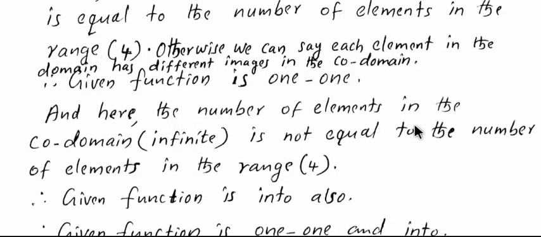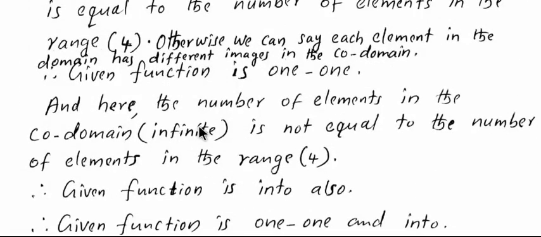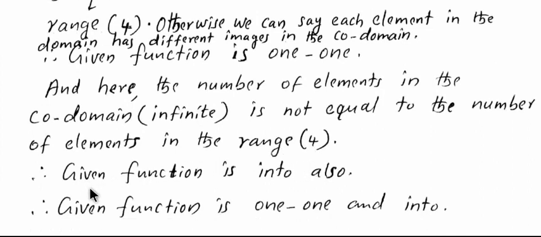Here, the number of elements in the codomain, infinite, is not equal to the number of elements in the range, which is 4. In this case, we can say the given function is an into function also. Therefore, the given function is one-one and into.